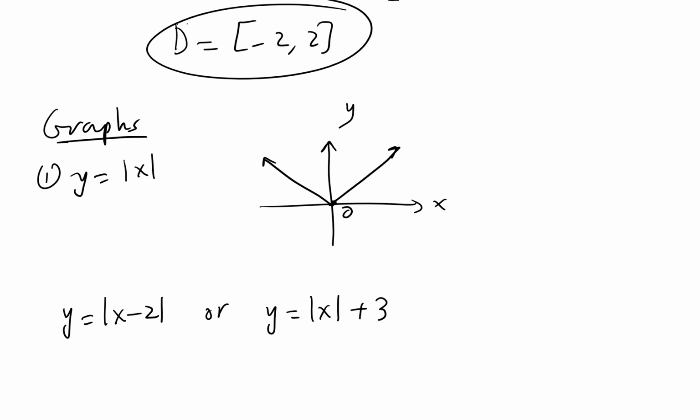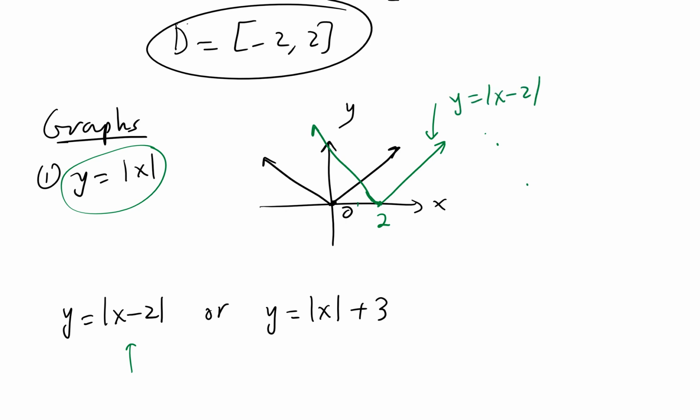To graph the first one, we just shift the graph 2 units to the right side. So it goes like this. This is the graph for y equals absolute value of x minus 2.